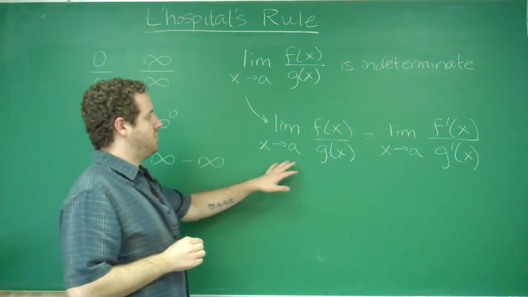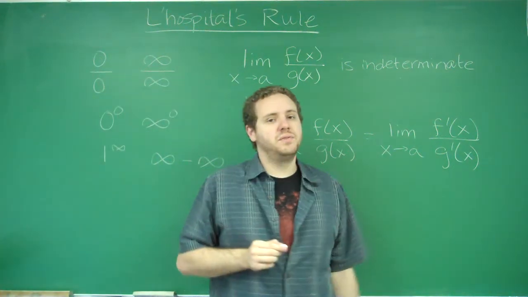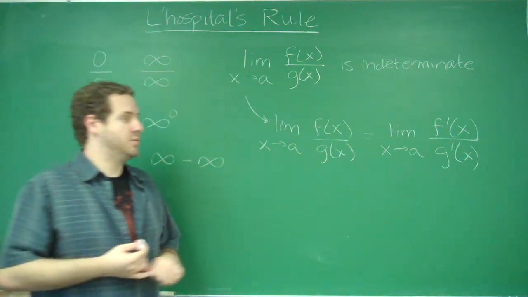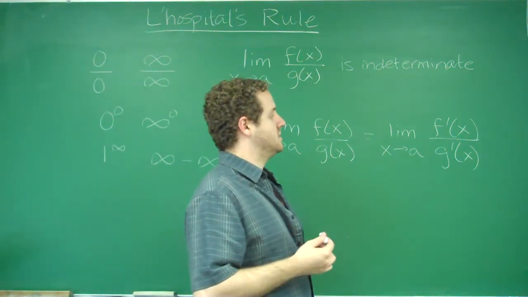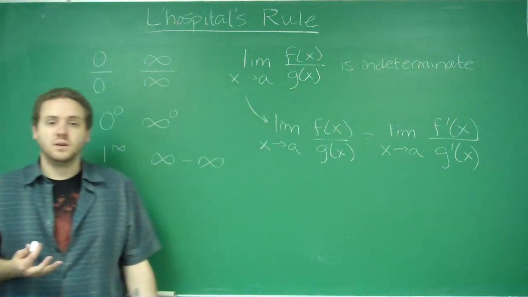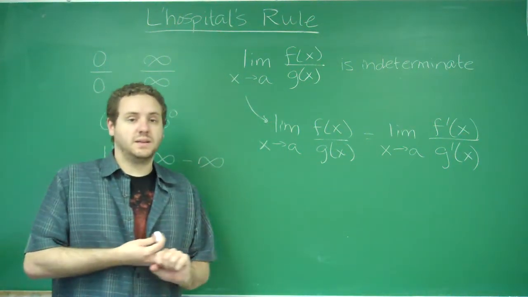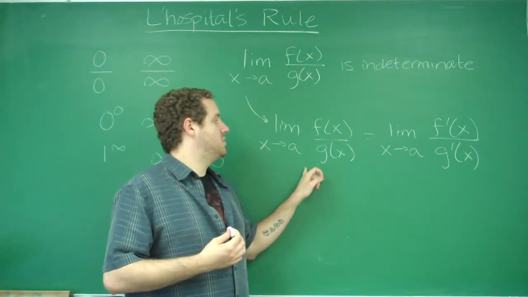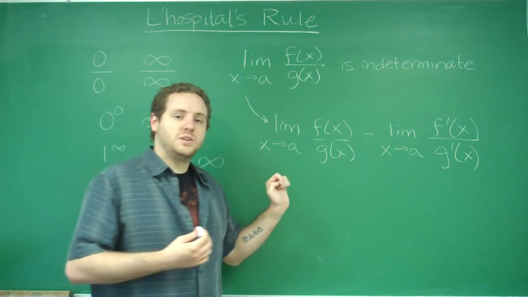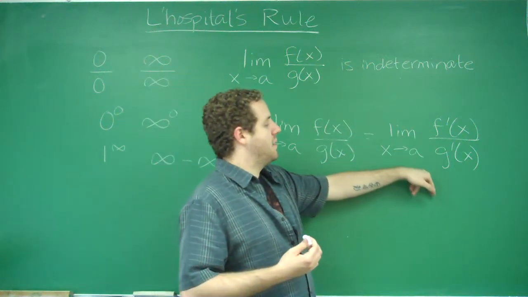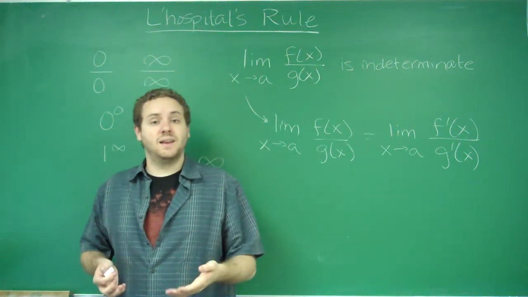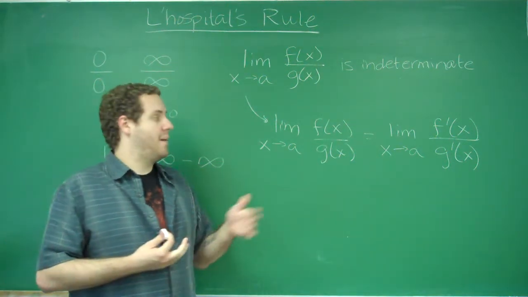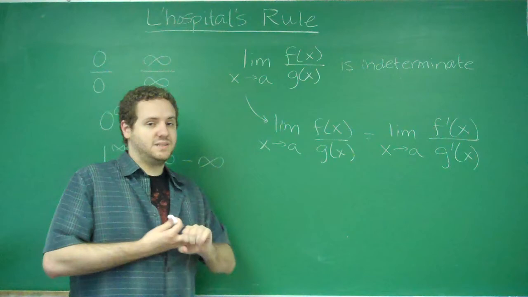So if you have an indeterminate form that's a fraction, you can do the derivative of the top and the derivative of the bottom and see if it becomes something that you can get by using direct substitution or anything like that. And keep in mind, this is something you can do over and over. So if you find that your function is indeterminate, you do the derivative of the top and the bottom, you try it again, you get indeterminate again, you can do the derivative of the top and the bottom again, and continue on that path until you get to something that's not indeterminate.